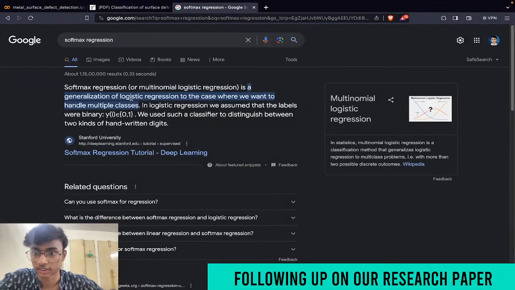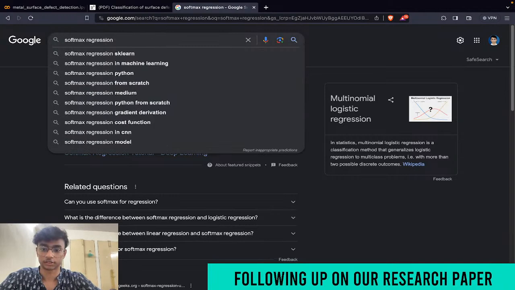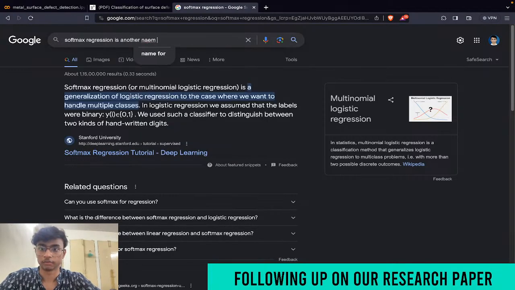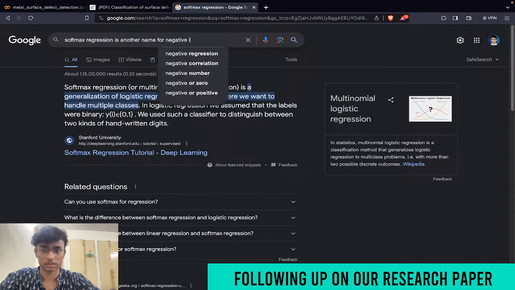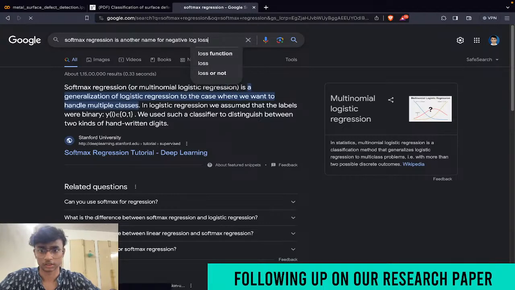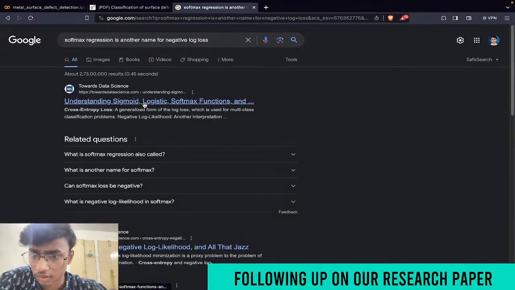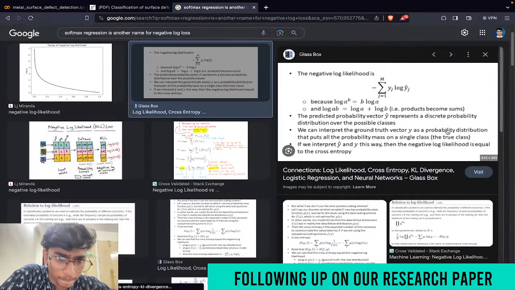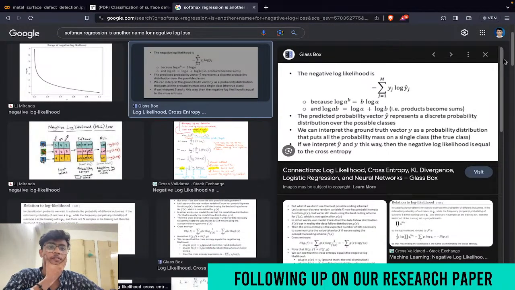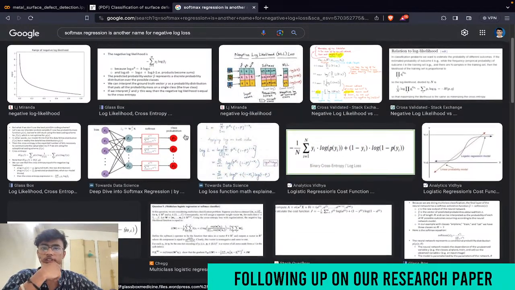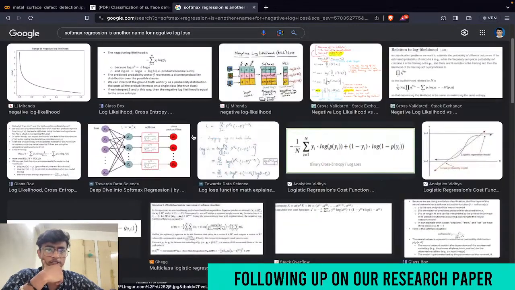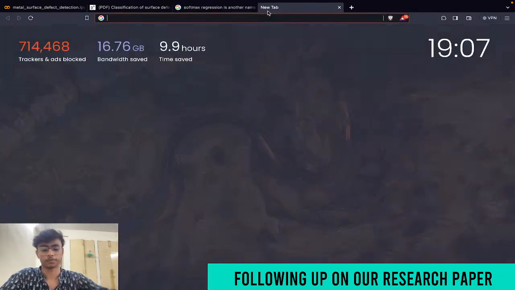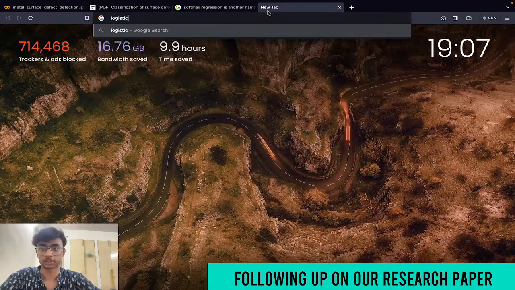Multinomial logistic regression is a generalization of logistic regression where we want to have multiple heads. Okay, softmax regression is the name for negative log loss. Hmm. I know how negative log loss looks, but is it the same as softmax? Let's see the formula for logistic regression, right?